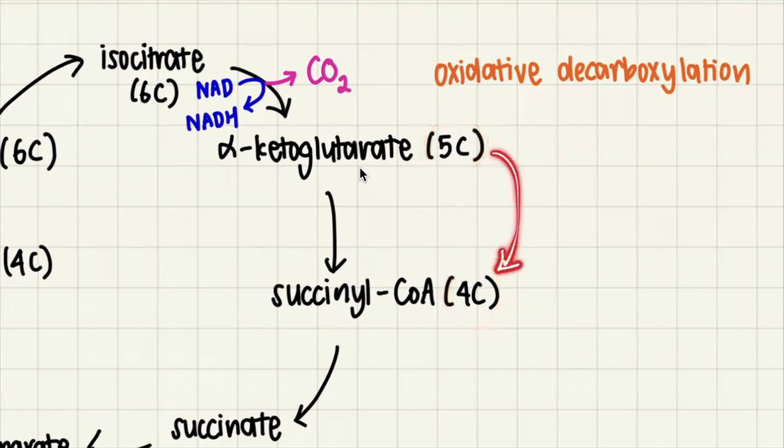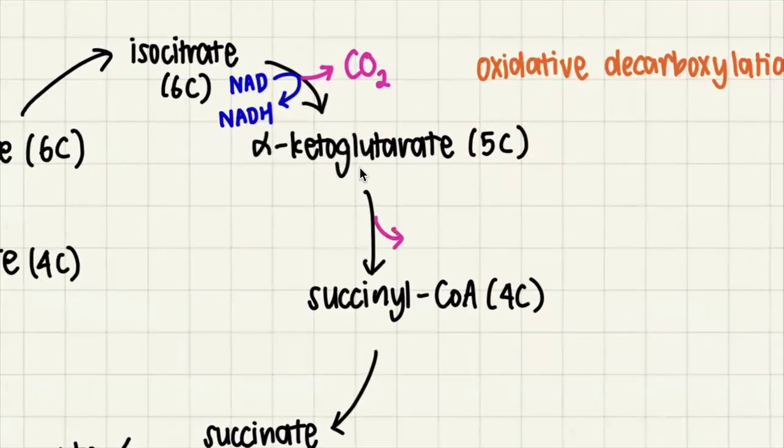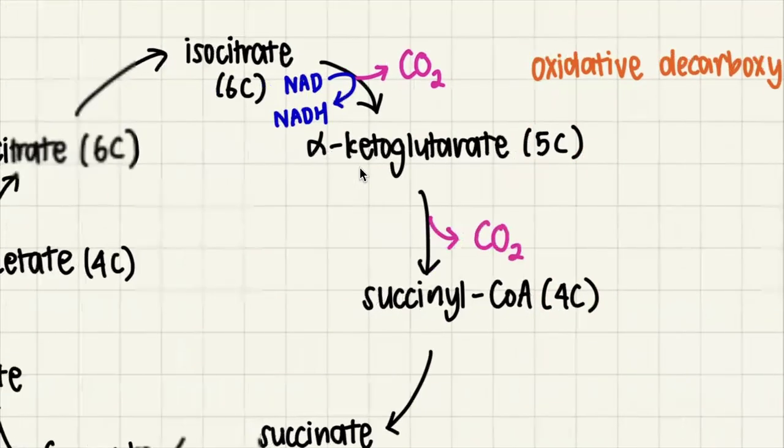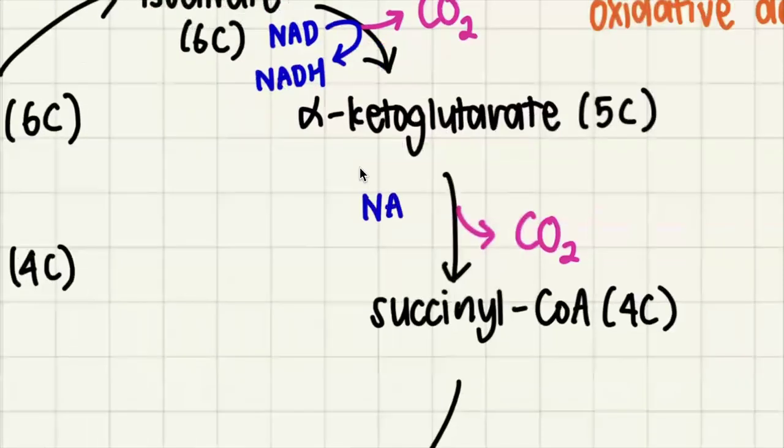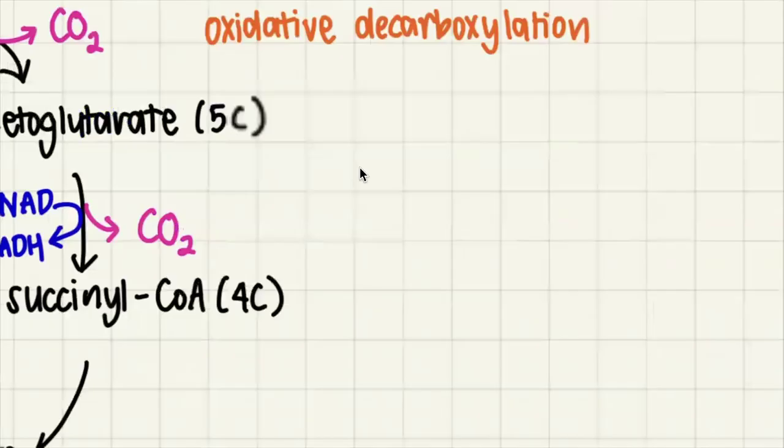To go from a 5-carbon compound to a 4-carbon compound, what do we do? We decarboxylate again. And again, your decarboxylation reaction is coupled with the reduction of NAD, which is therefore the oxidation of your alpha ketoglutarate. So we have another round of oxidative decarboxylation.